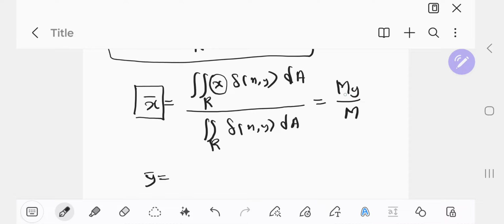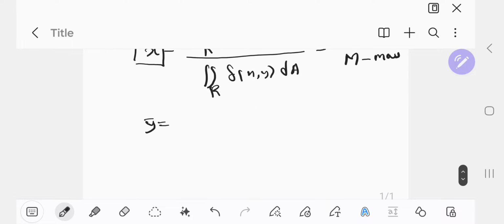It is usually denoted as My by M. M is mass, My is momentum about y-axis.